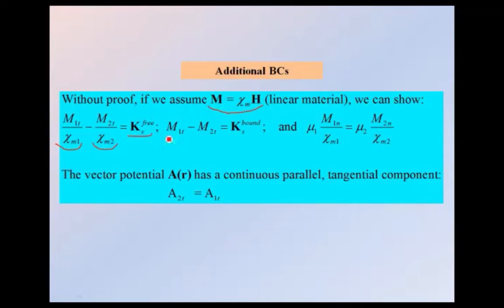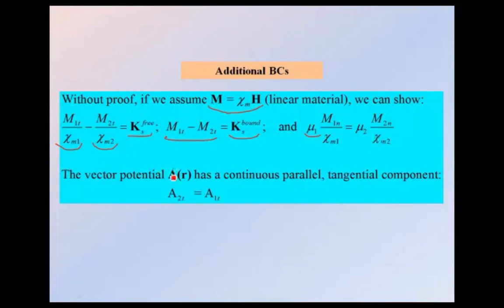You can show then that the difference between these two vectors is equal to the bound surface current. And then finally we can write this in terms of B, so we'll have mu1 times M over chi sub m on the two sides of the interface.